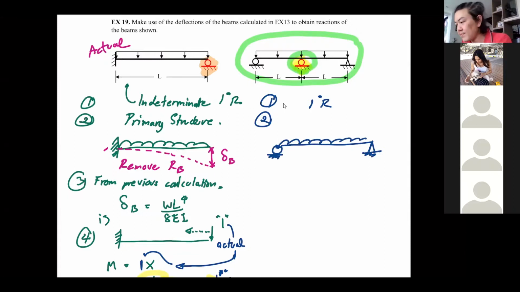We say A, B, and C. This is B. Because we remove RB, the response of the structure is that it's going to have delta B because we remove RB.